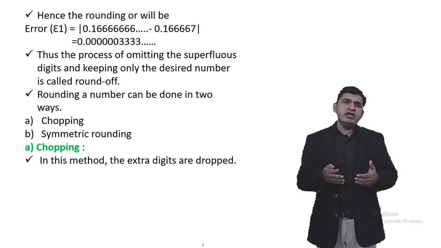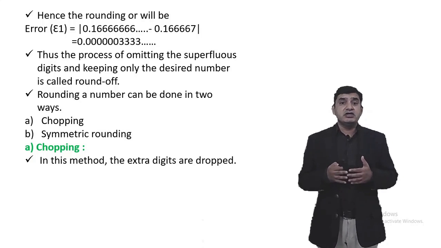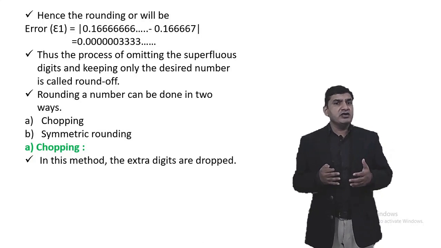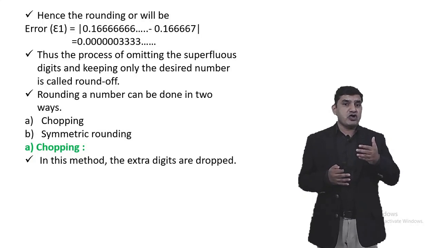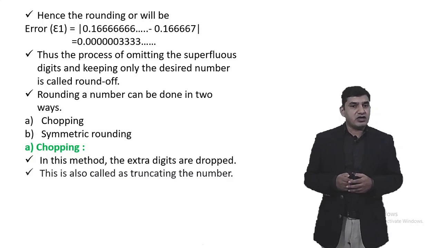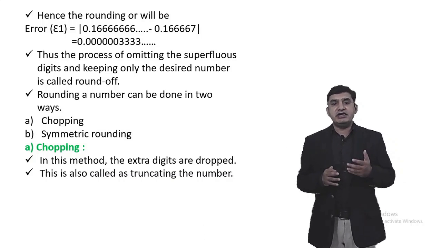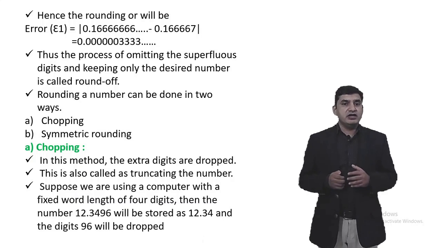When we have to store floating point variables, the computer has some limitation, and therefore we do chopping. This is also known as truncating the number.